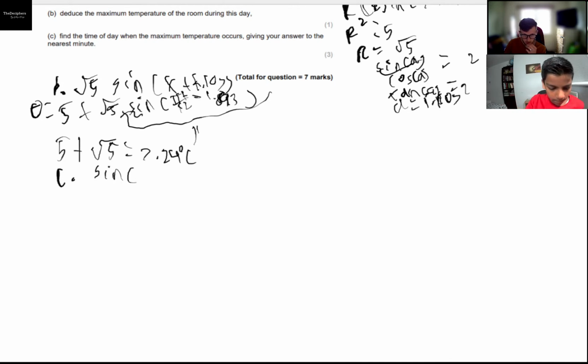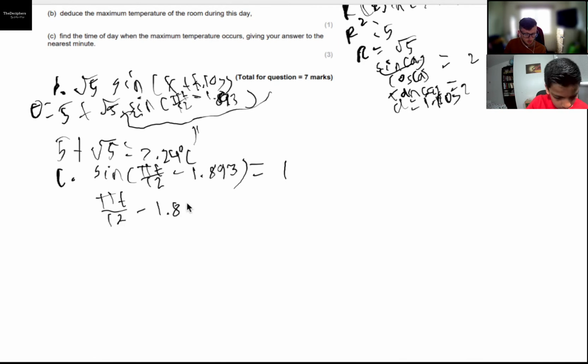Sine of pi t over 12 minus 1.893 is positive 1. Pi t over 12 minus 1.893 is, shift, and then the arcsine of 1, that is just 90 degrees, or in radians, pi over 2. Good stuff.